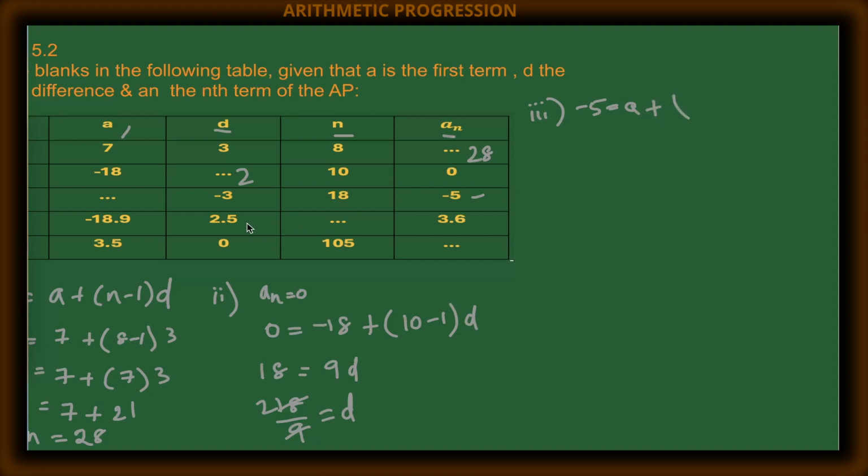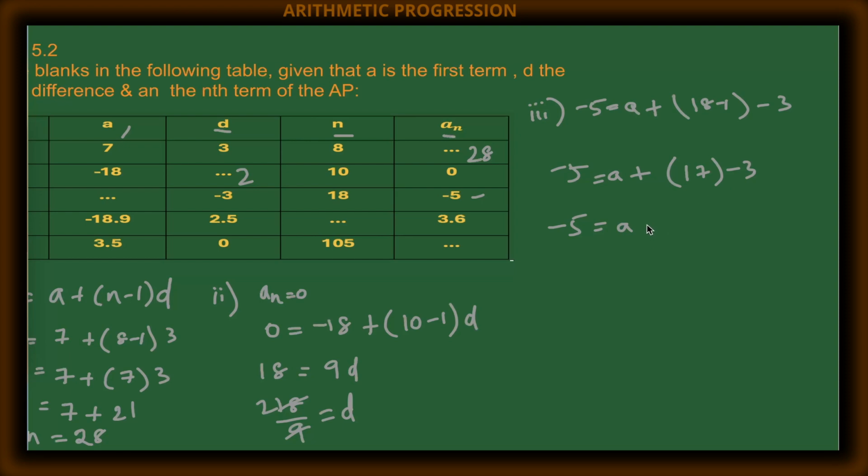Is n given? Yes, n is 18 here. So 18 minus 1. Is d given? Yes, d is minus 3. Okay, minus 5 is equal to a plus 18 minus 1 is 17 into minus 3.